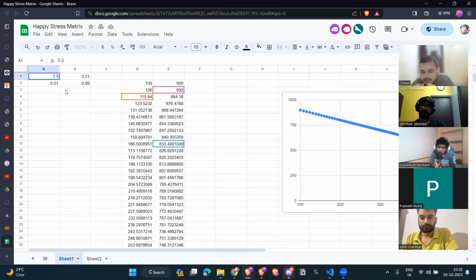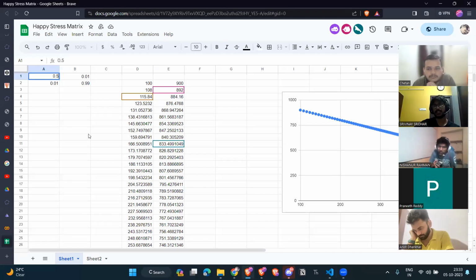Then the second equation is 0.5 of stress and 0.7 of happy, right? Why don't we write it down?